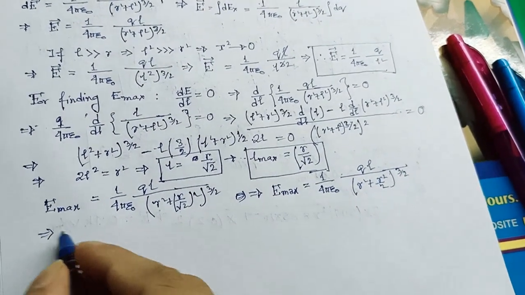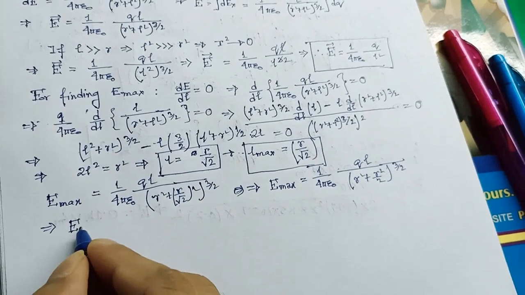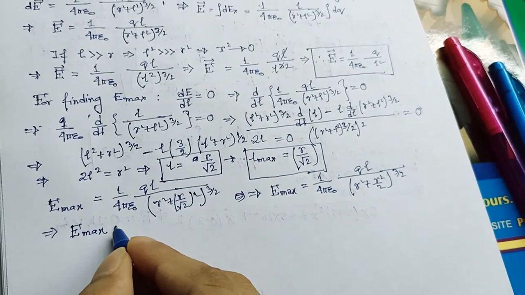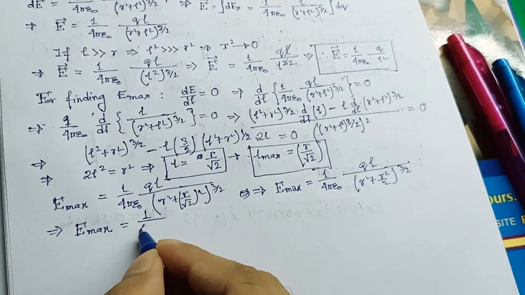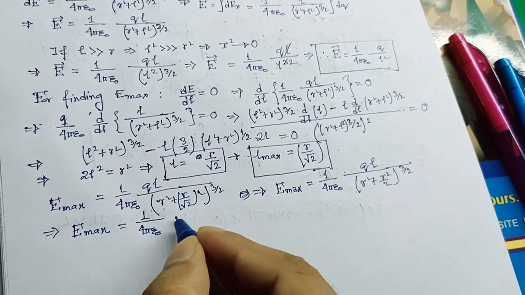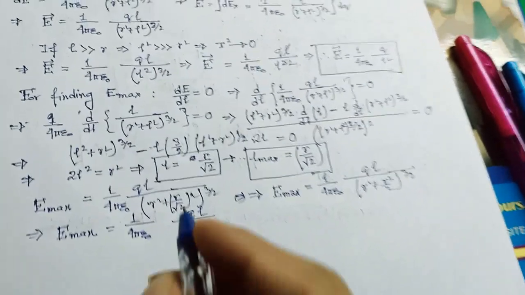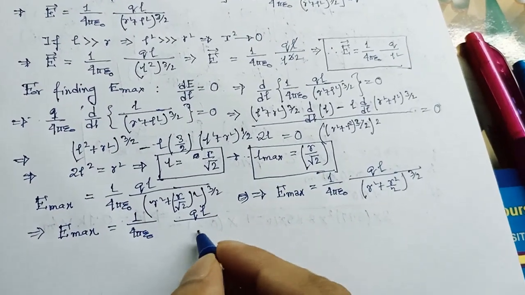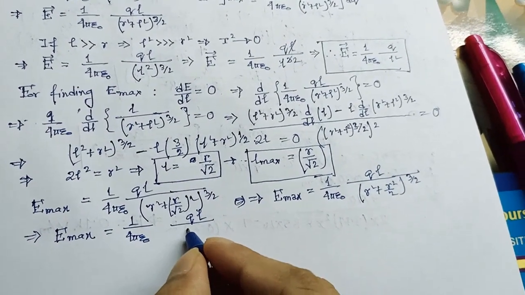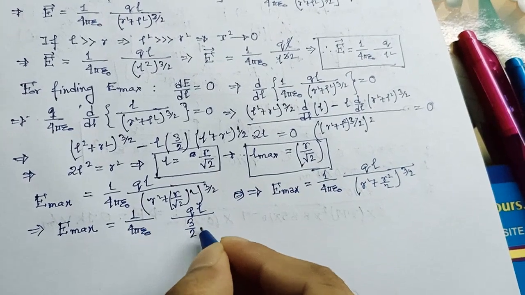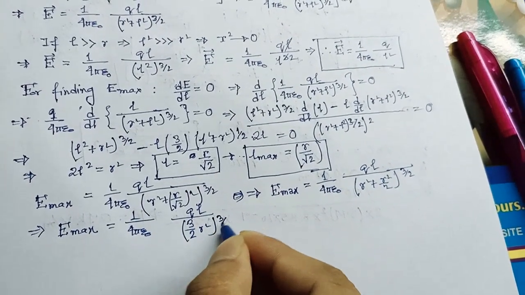After calculating, we will find E max, or maximum electric field, will be equal to 1 divided by 4 pi epsilon naught into QL into 3 divided by 2 R square whole to the power 3 by 2.